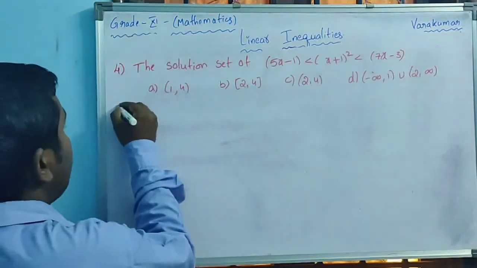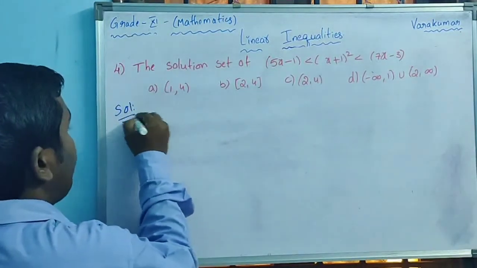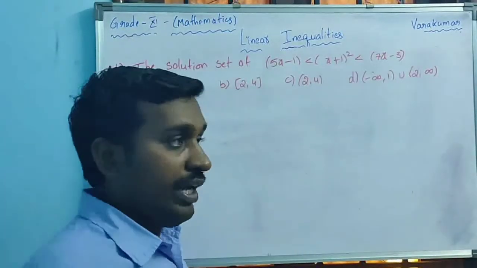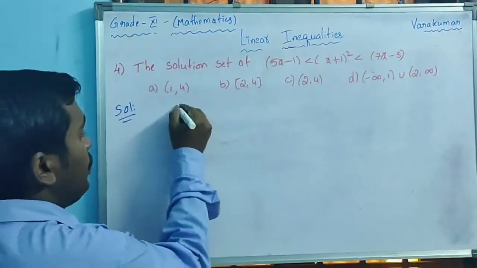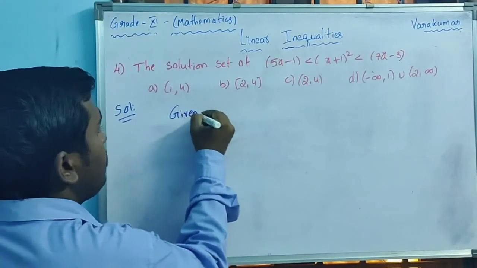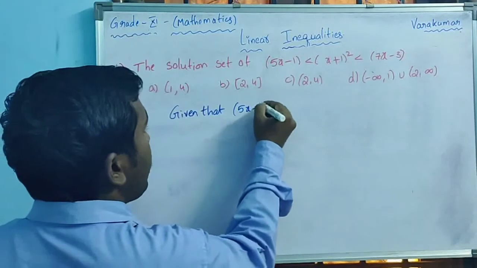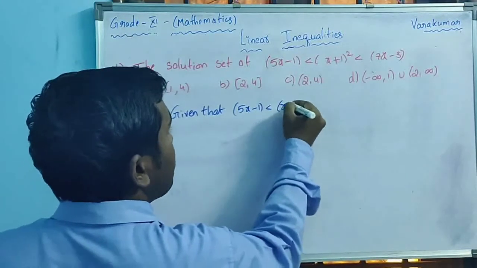Here, this problem we have not learned, but we learn the technique. Now I am going to do it. Given that 5x minus 1 less than (x plus 1) whole square.